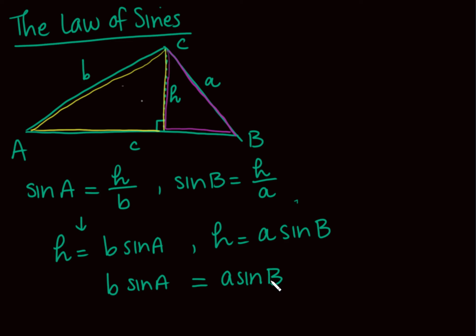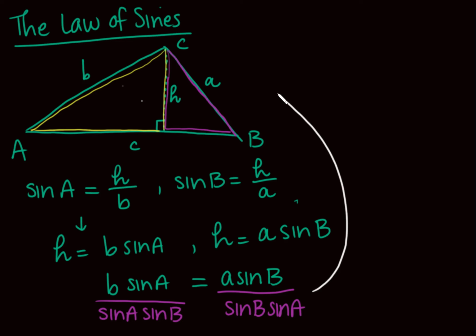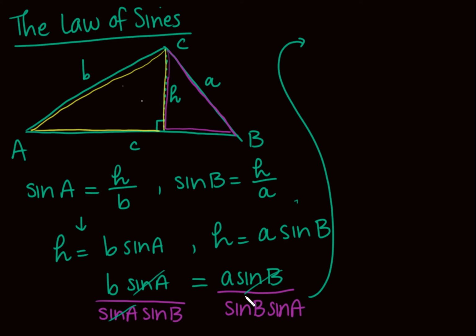Now I'm going to divide both sides by not only the sine of A, but also the sine of B, because this is going to give us a nice relationship. I'm basically dividing both sides by the same thing here. If you notice, these sines cancel, and here the B's cancel, and I'm going to put the A's on the left-hand side.